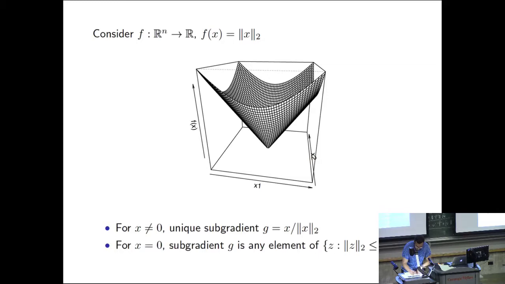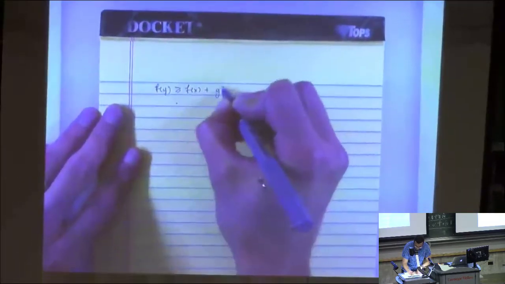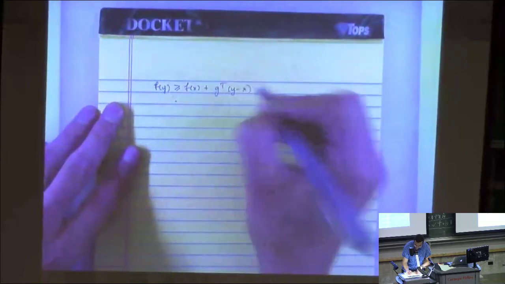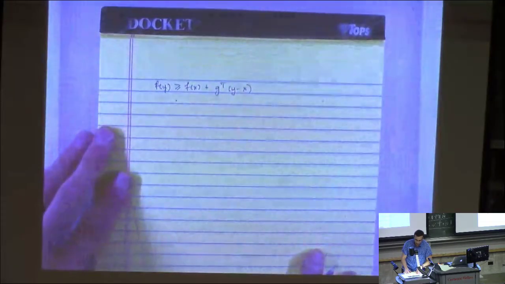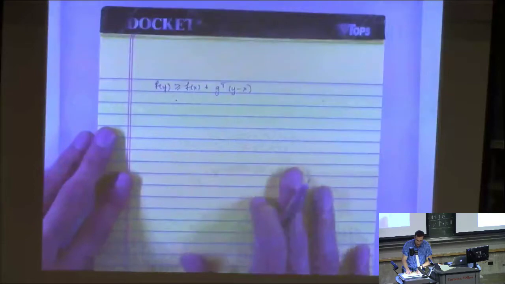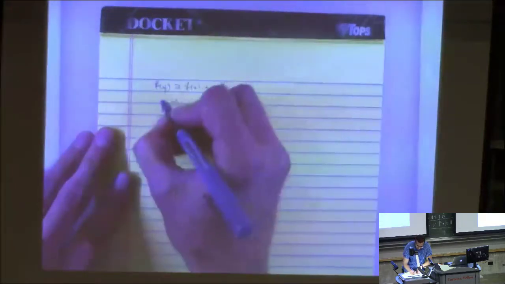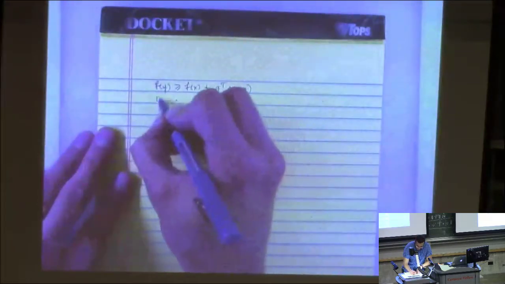The condition is this. We need this to hold in general. If we take x equals 0 and we take f to be the norm of x, then we get the following.